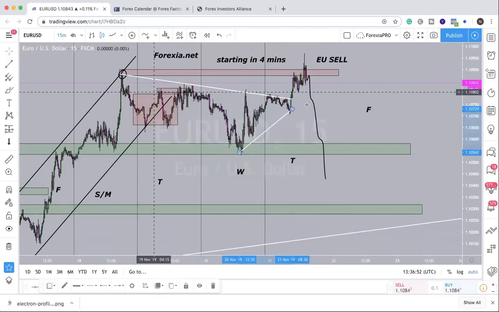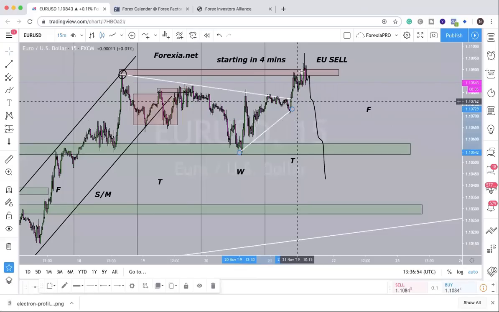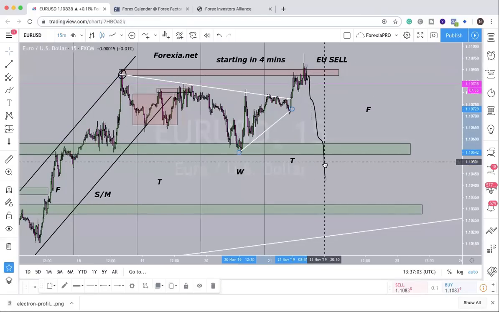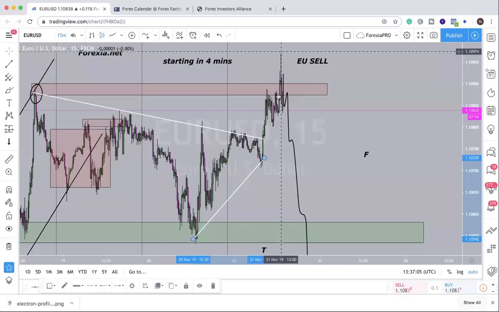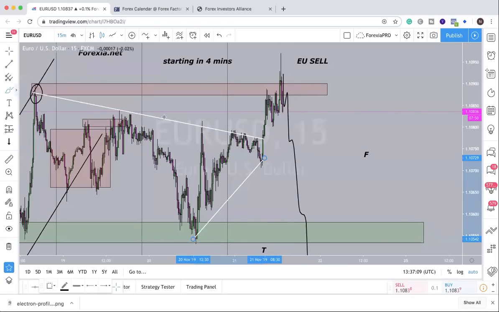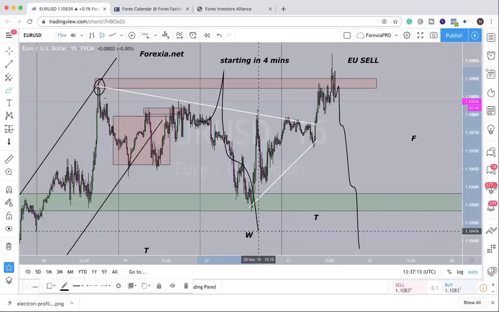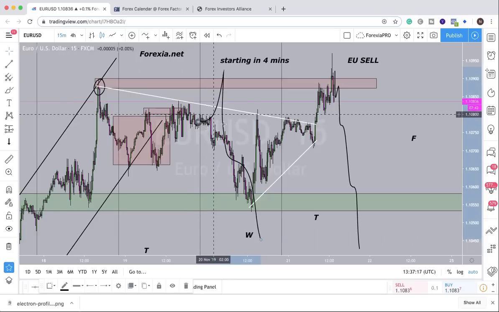Wedge, beautiful wedge. Breakout to the high of the previous week, or the high of Sunday, Monday. Induction. We expected this to happen a few days ago, but they extended the consolidation to create this wedge all the way into Thursday.